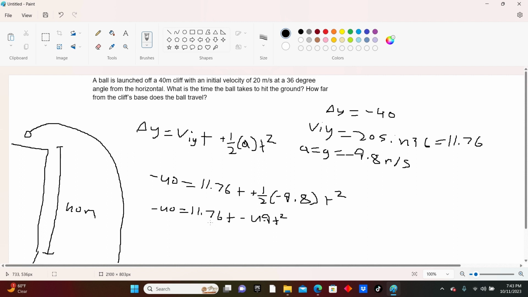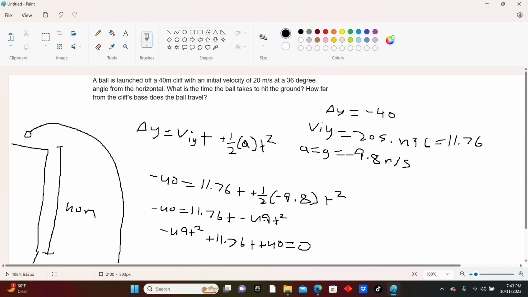So now what we have here is a quadratic. If I bring this negative 40 to the right side, our quadratic will be negative 4.9 t squared plus 11.76 t plus 40 equals 0.